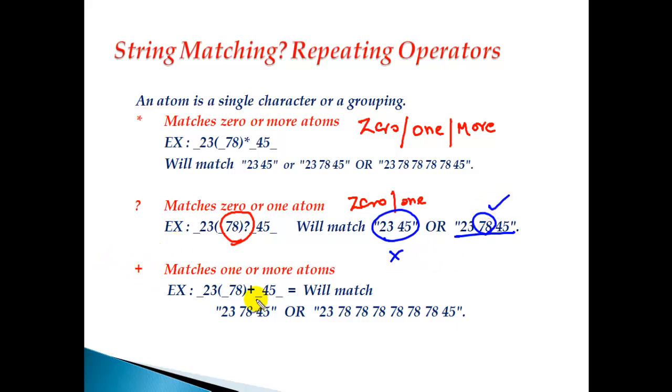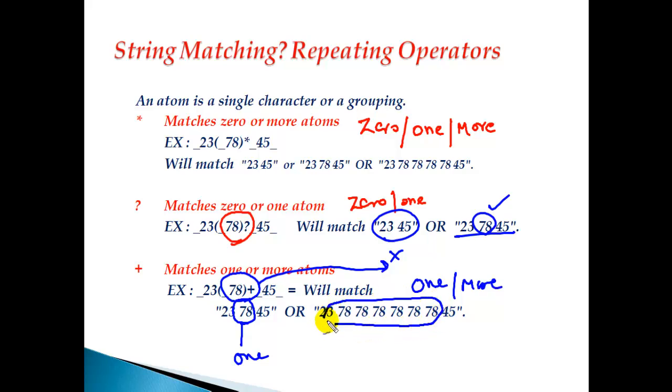Now if I use the plus symbol, the plus symbol is going to represent that it may be present one time or more than one time, but it is mandatory present. It's going to match at least one time or more than one time. If you see the difference, all the three operators are almost similar, but there is a slight difference.